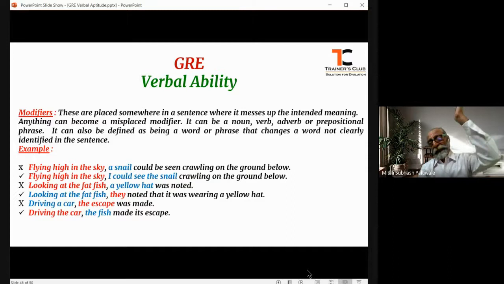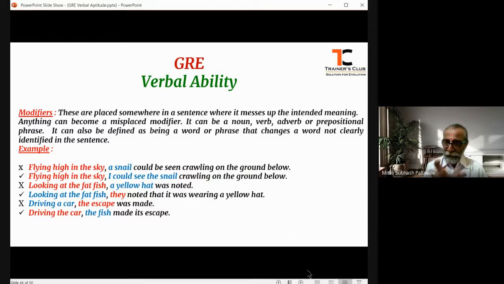If someone is flying high in the sky and can see, here the entire subject itself is missing. So what is the subject? Who is flying high in the sky and who is seeing that snail crawling below on the ground, right?